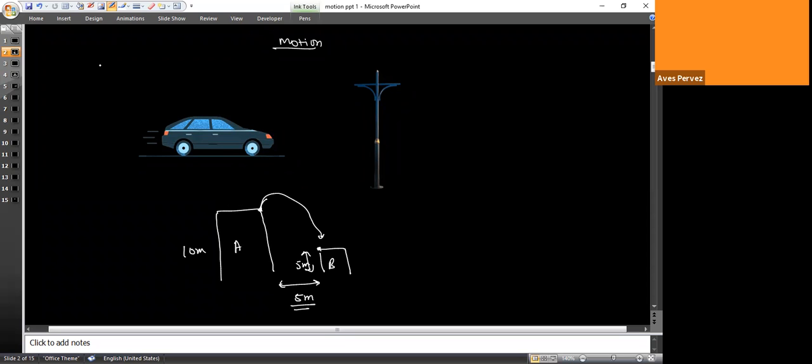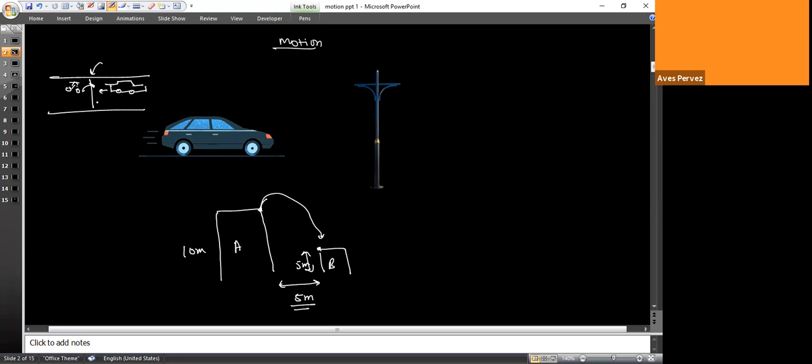Similarly, if you are driving a car, actually you are kids, so if you are driving a cycle on a one-way road, and a car is coming from the other side, at what speed should you cycle so that you can reach point A before this car reaches you?